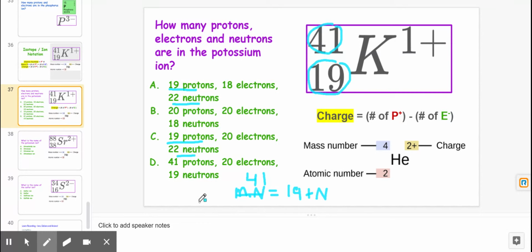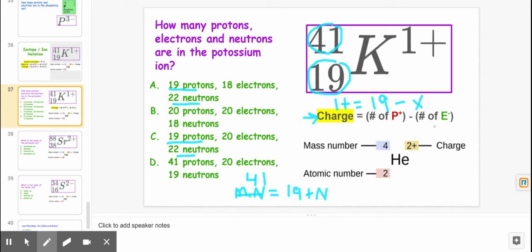So now we have to think about how many electrons. Well, we use this formula right there. Charge equals number of protons minus number of electrons. So the charge is positive 1 equals number of protons, 19, minus x. 19 minus what equals plus 1?